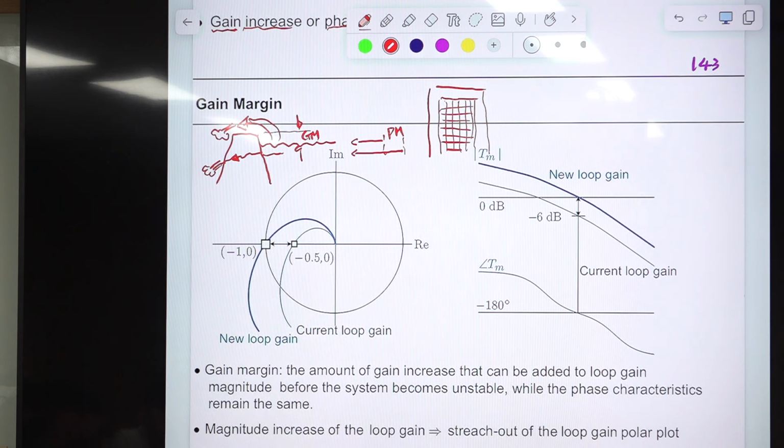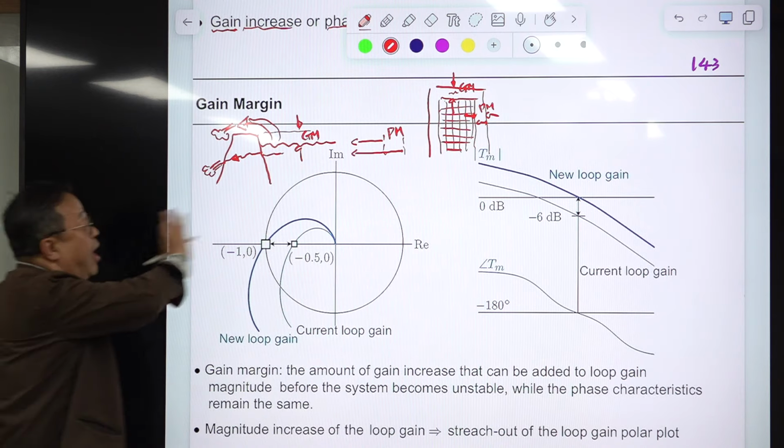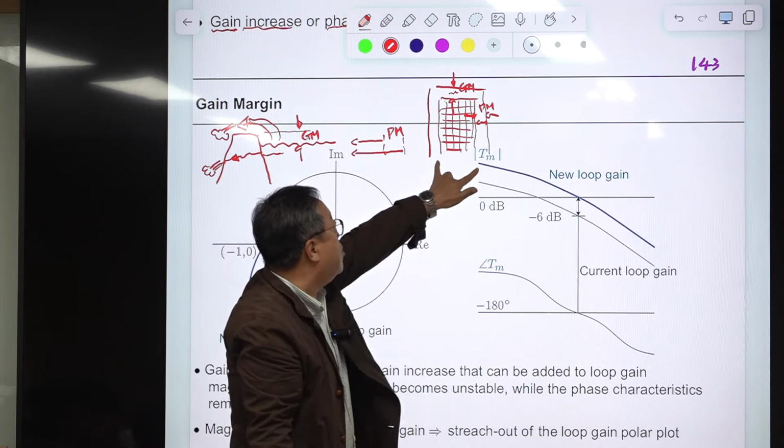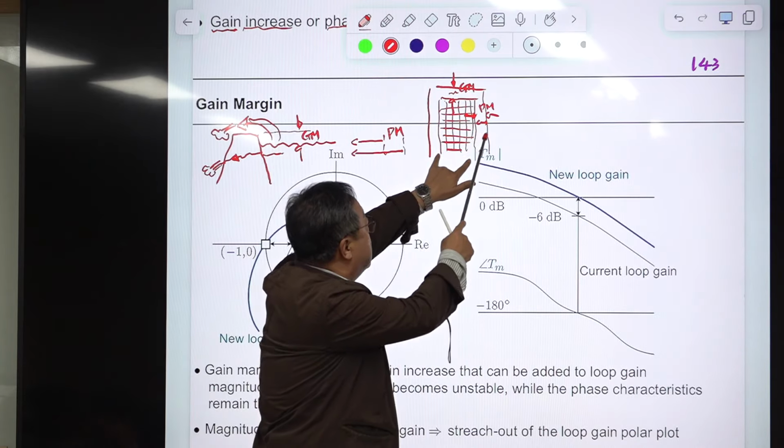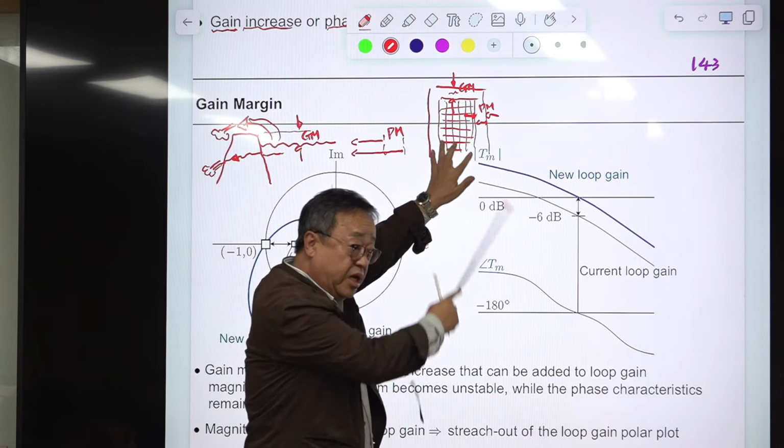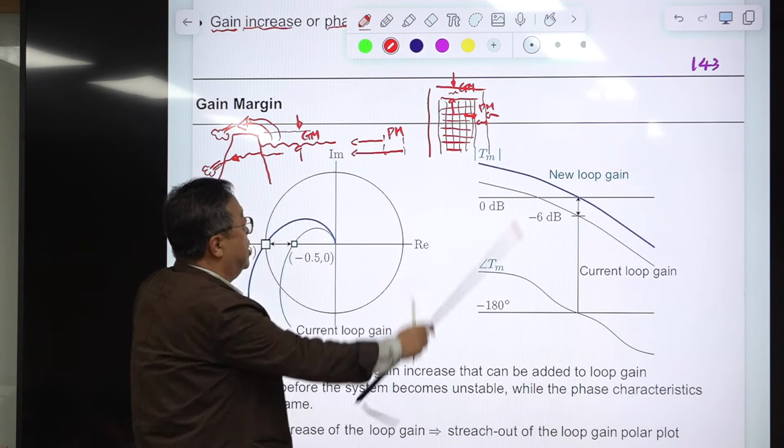You can go out this much, but this you cannot go out. You can write down something, and also you can go this much, okay? So this direction is, for example, GM, and this direction is PM, okay? There are two different margins, okay? If you go out of the margin, there's no paper at all, okay? Within this, you can write down something on here without the grid, okay?